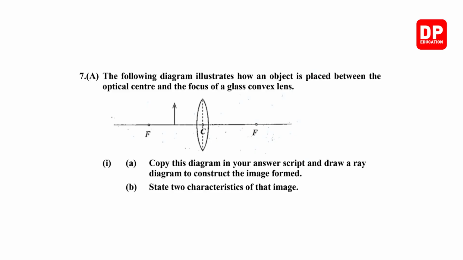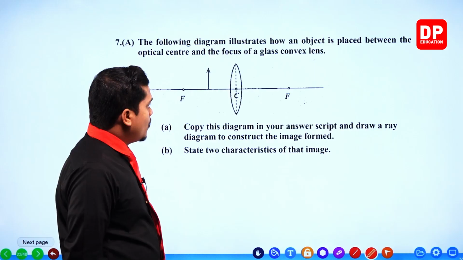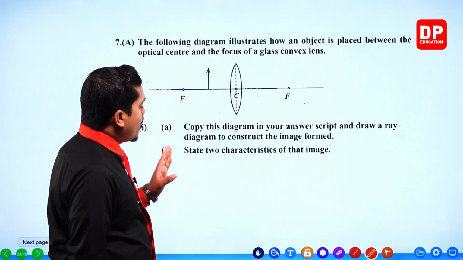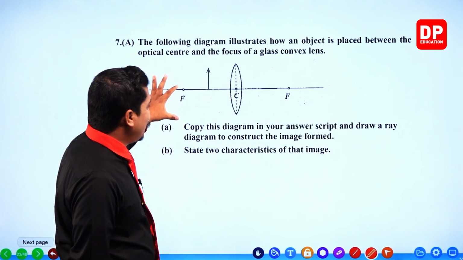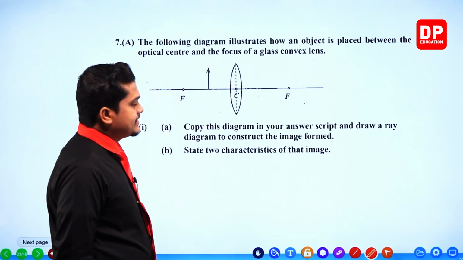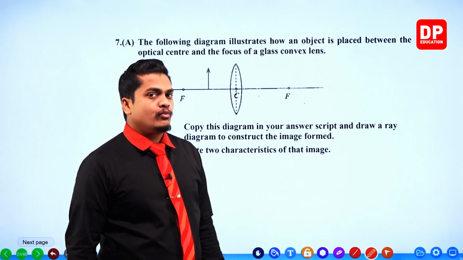So the following diagram illustrates how an object is placed between the optical center and the focus of a glass convex lens. So this is a convex lens, my dear children. When you place an object between the focal length and the optical center, what will happen?